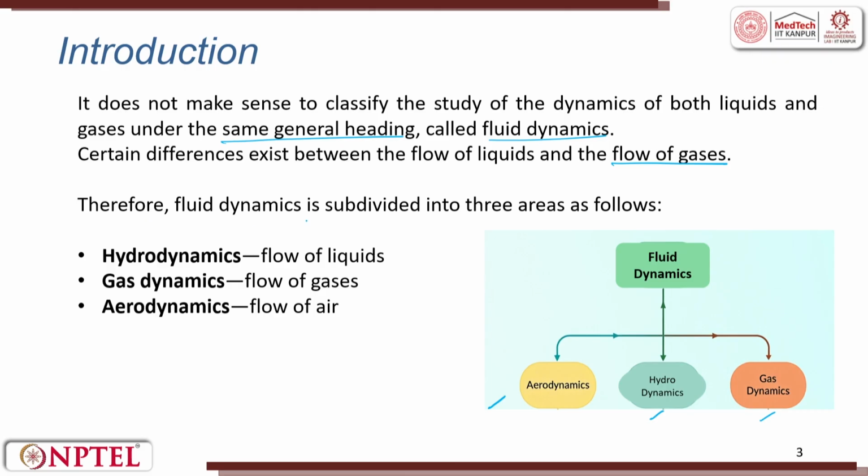So, therefore, fluid dynamics is divided into three areas: hydrodynamics, the flow of fluid. This can be water or it can be any other fluid. In the processing industry, and in particular the pharma industry, we use multiple other fluids apart from water, but water is most commonly used.